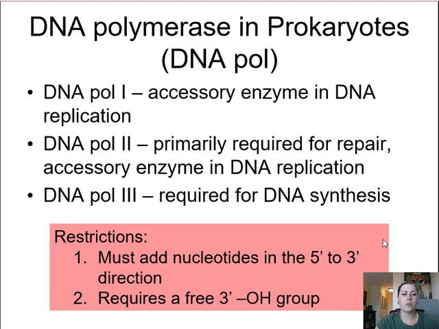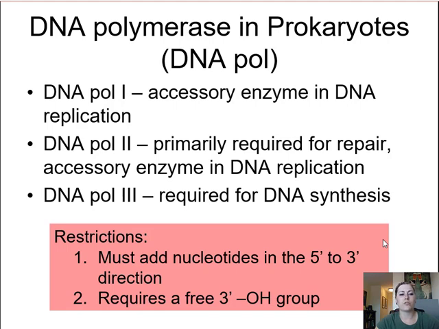DNA pol 2 is also an accessory enzyme for DNA replication, but it's also required for repair, which is its primary purpose. DNA pol 3 is kind of like a pretty big player in DNA synthesis. It is absolutely required for DNA synthesis. However, it has a few restrictions, which will make a little more sense in a minute.